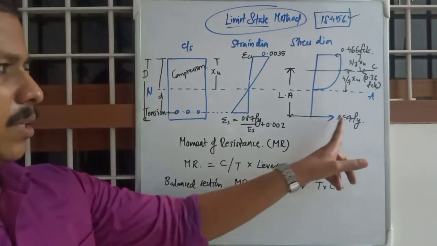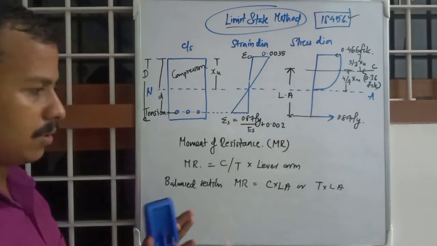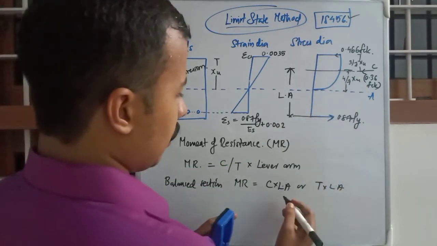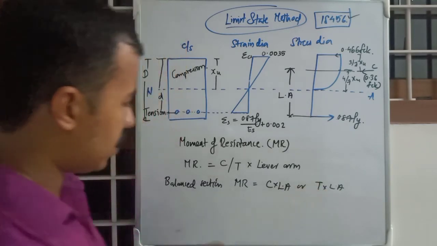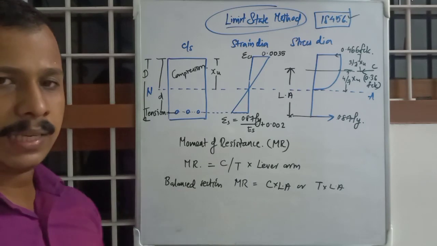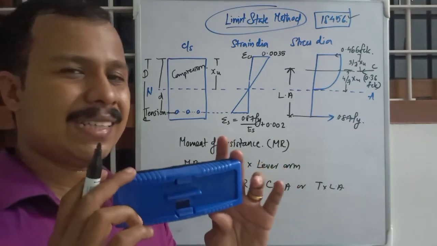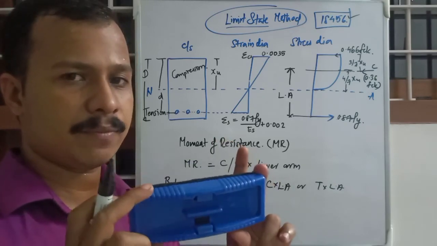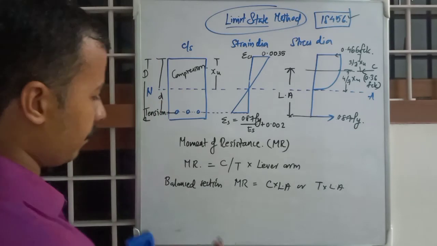We know what T is, we know what C is. It's just simple terms. You can take both because it is a balanced section. It attains limit state at the same time. So, C into LA or T into LA.